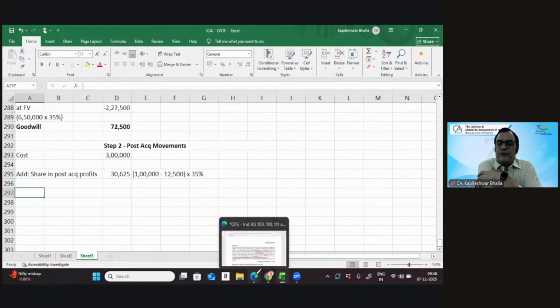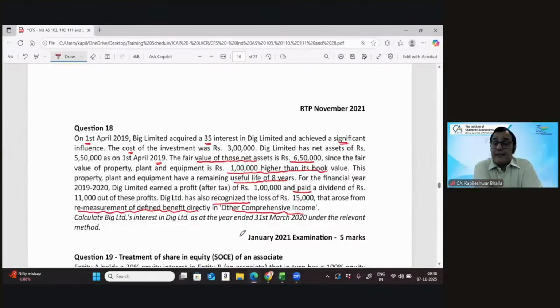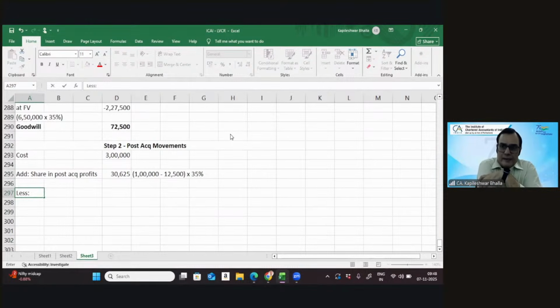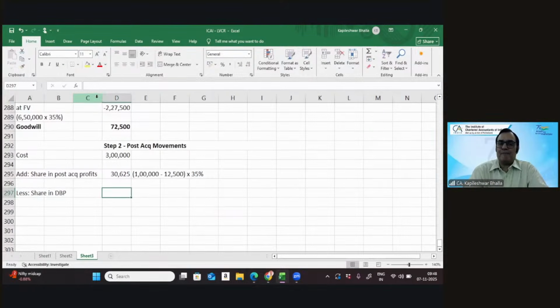Okay, let's go further. It says DIG also has recognized a loss of 15 in the OCI. Will this increase or decrease the net assets of the associate? Yes, this will be decreasing. So we'll take care of the reduction, that is, less the share in defined benefit plan.